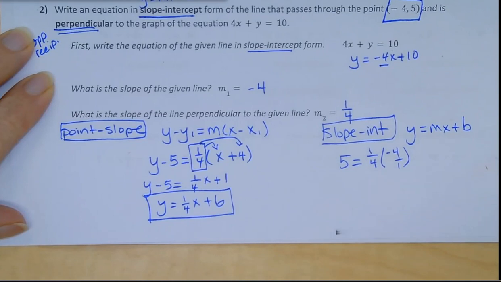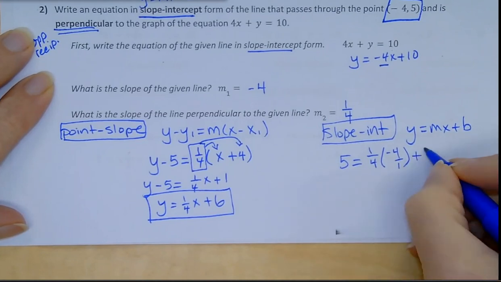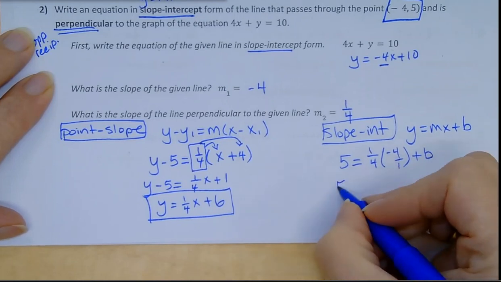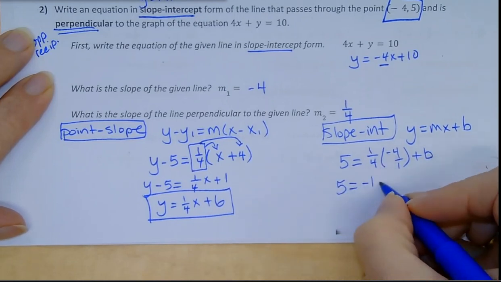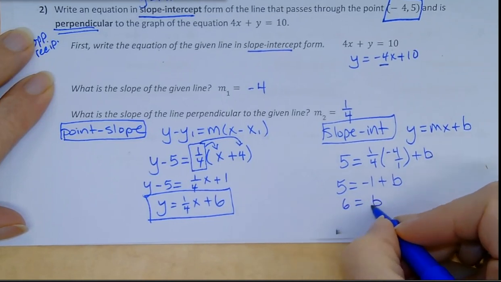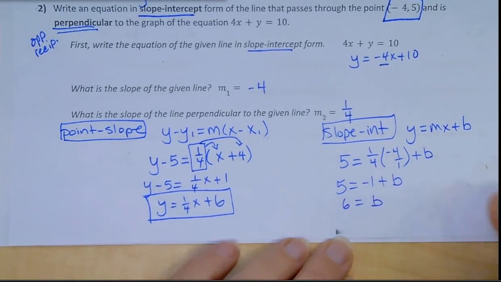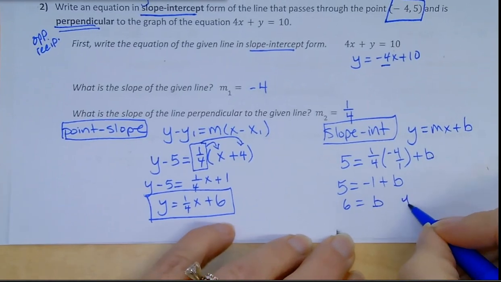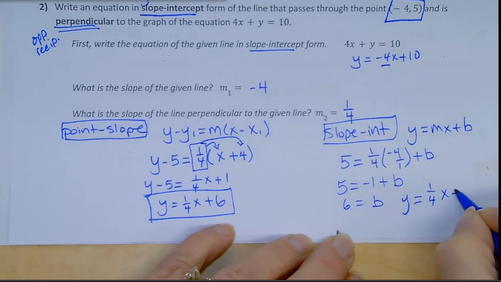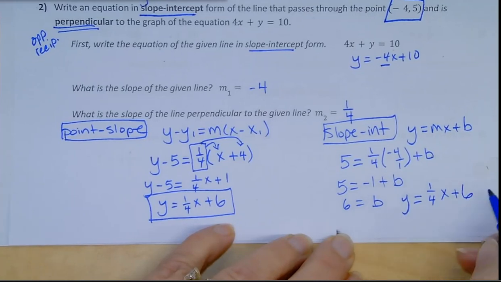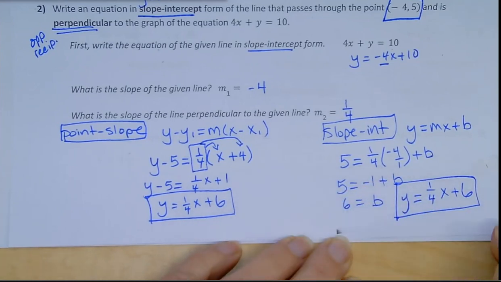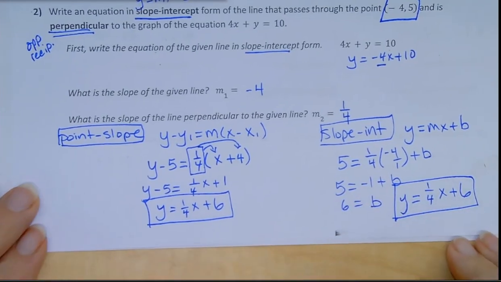I'm going to say -4/1 plus b. That's the thing I don't know yet. So 5 equals -1 plus b. Add 1 to each side, and 6 equals b. Now I can write the equation of the line in slope-intercept form. Y equals 1/4 x plus the b I just figured out, which is 6. And fortunately, these two came out exactly the same, so that was a way that I could check my work as well.